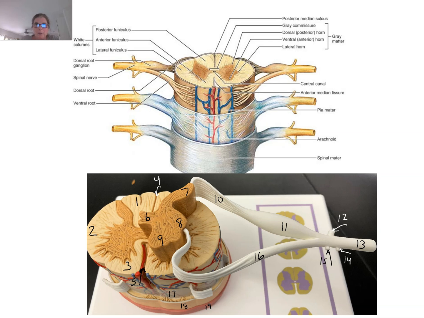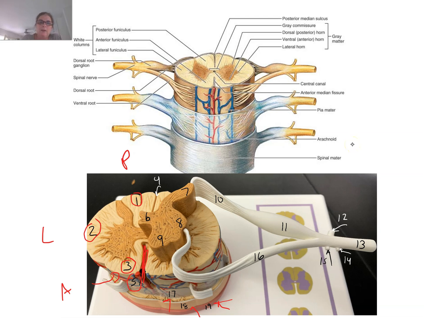And so if we're going to try to identify some of these pieces, numbers 1, 2, and 3, that's your white matter. So those are your columns, your posterior, your lateral, and your anterior. You can see this number 5 is showing the anterior median fissure, and you can see your layers of meninges here. So 19 is dura mater, 18 is arachnoid, and 17 is the pia mater.